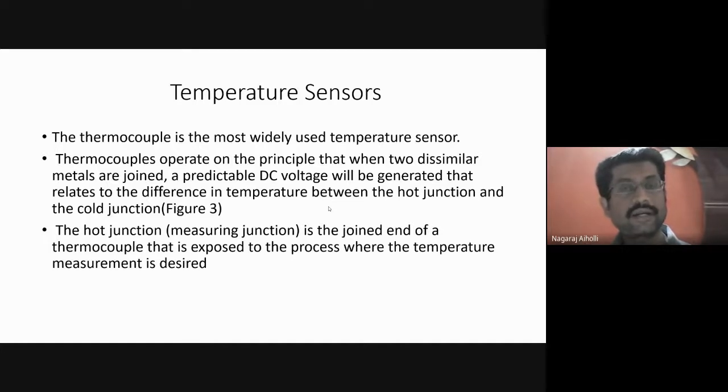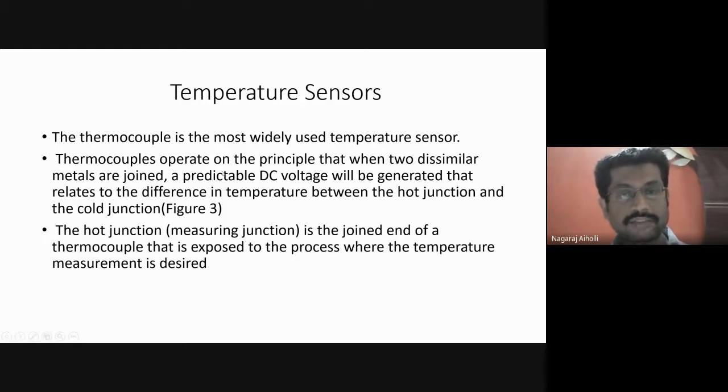More the temperature applied to the hot junction, more will be the current. Less the temperature applied, less will be the current signal output. They are directly proportional to each other. Hence, by measuring the current or the voltage produced in the thermocouple, we are able to measure the temperature of the hot object. This is the application of the temperature sensors.